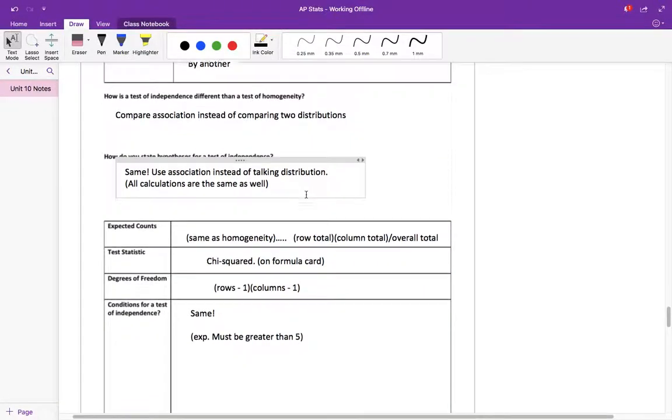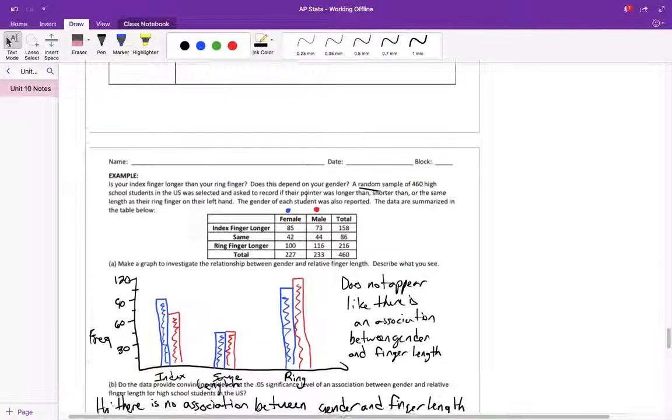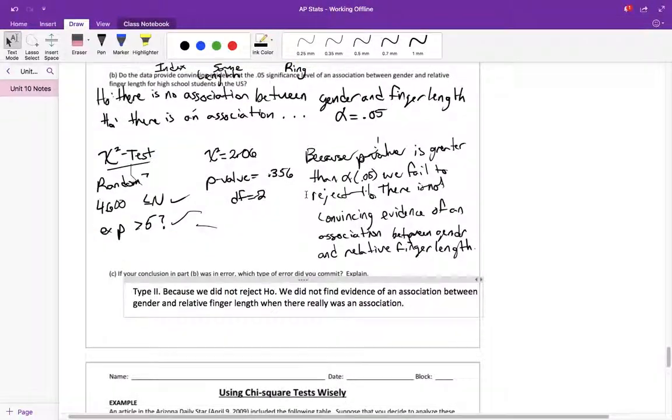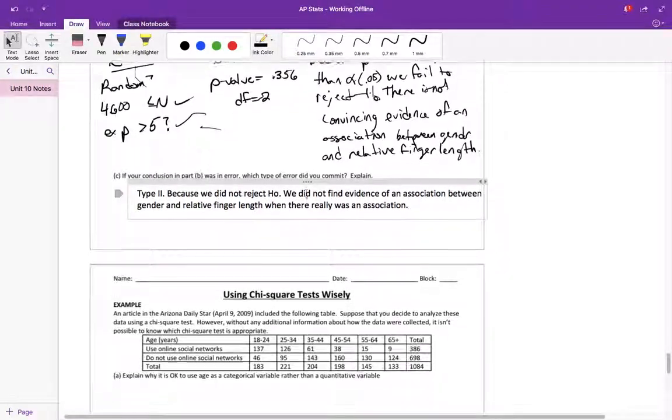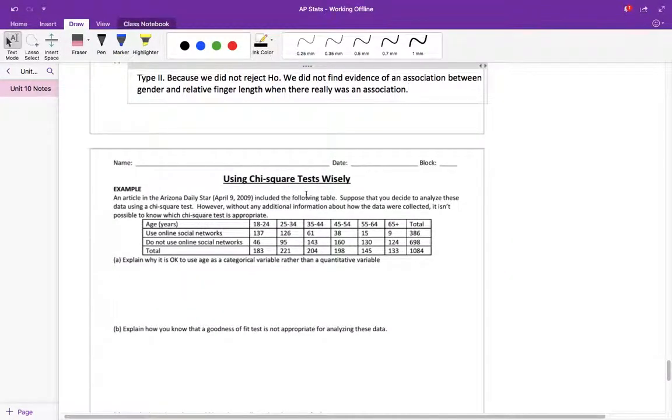We talked about all the conditions being the exact same, and pretty much everything we did for that was very similar to homogeneity. The difference being your hypotheses and your conclusion.